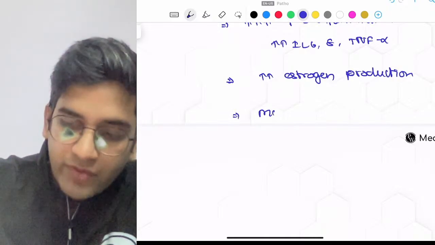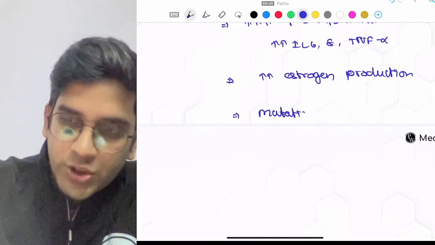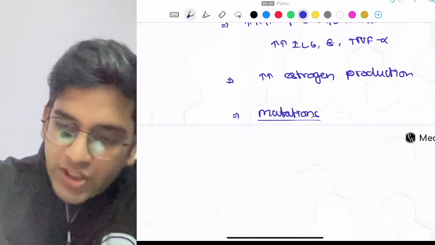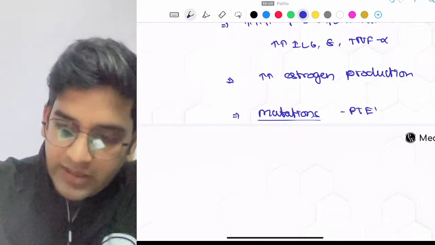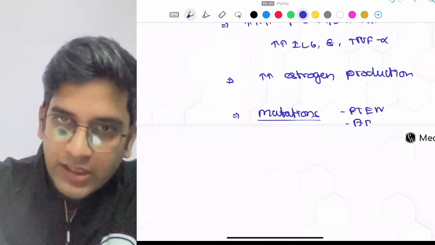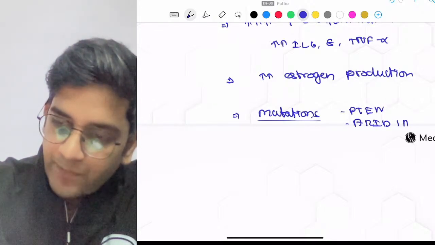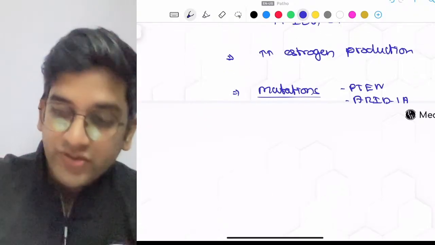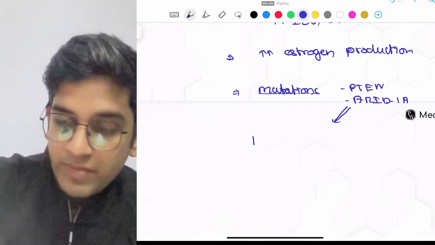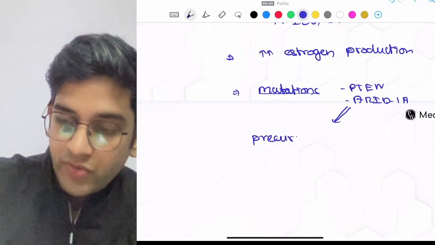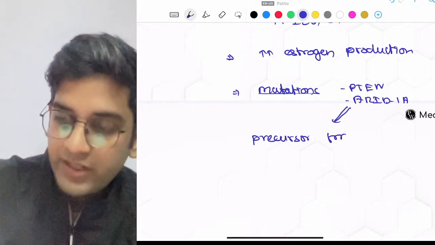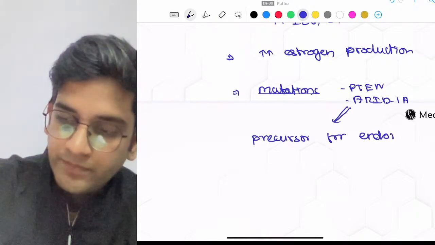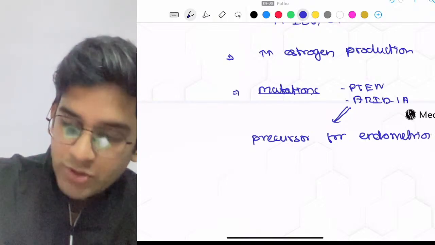At the same time, we have also found that there are few mutations which will be seen as well. Mutations like PTEN, which is commonly seen, and you have one more mutation called ARID1A. Right? These are two mutations which are seen in endometriotic tissue. So this is the reason we said that this could be a precursor for endometrioid carcinoma of the ovary.